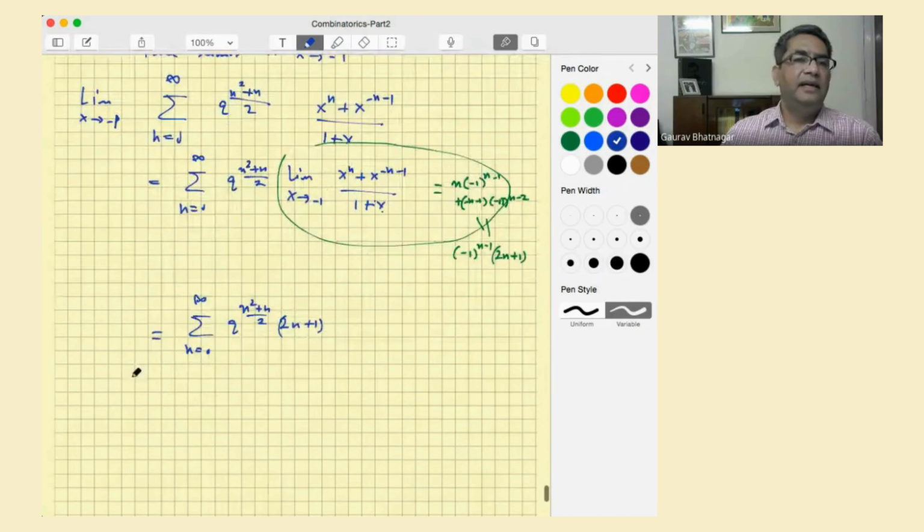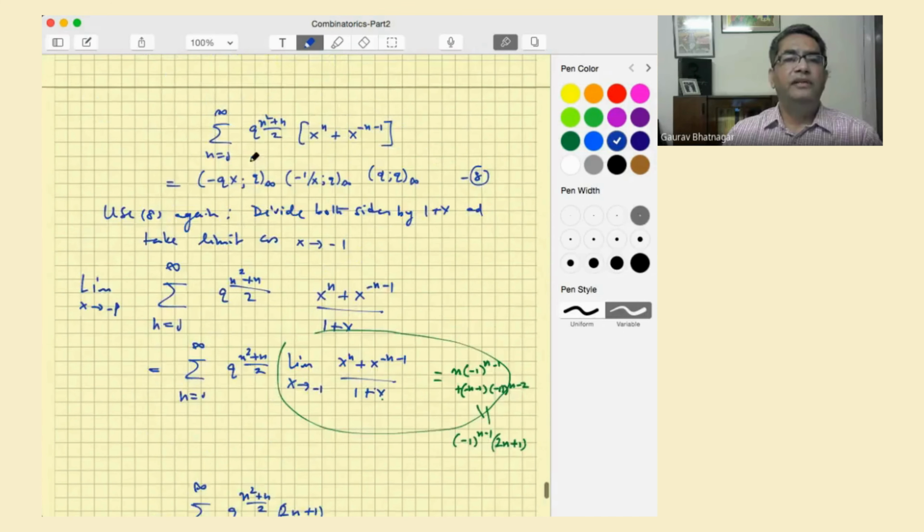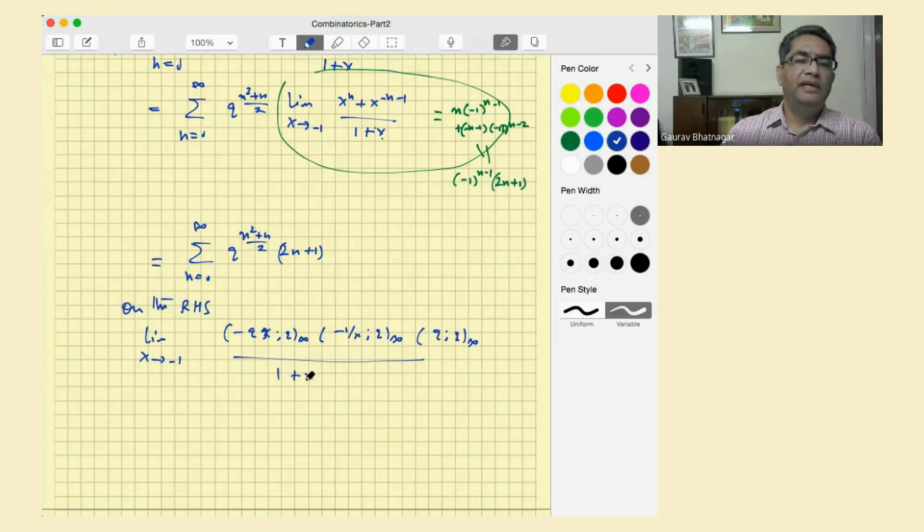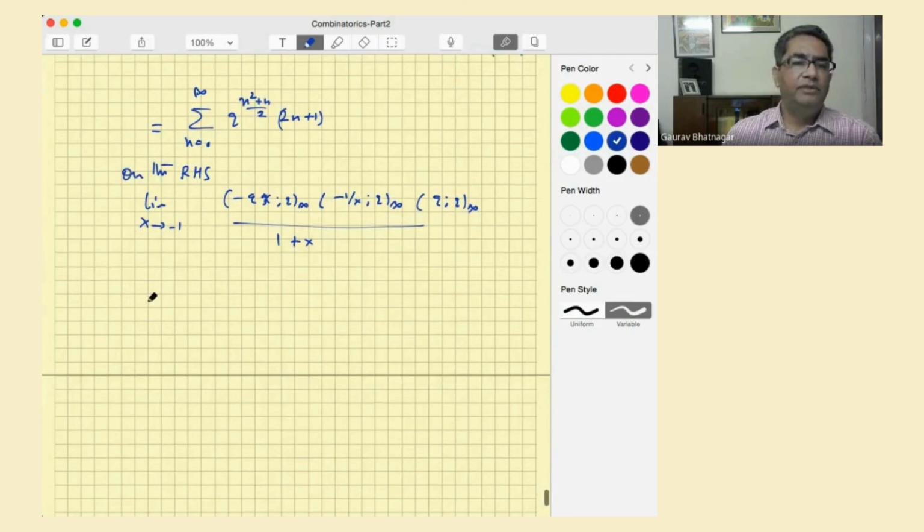On the right hand side, the limit as x goes to minus 1. So you're taking this product, minus qx q infinity minus 1 over x q infinity and q infinity over 1 plus x. So this term is the one which is the offending term. So minus qx q infinity.